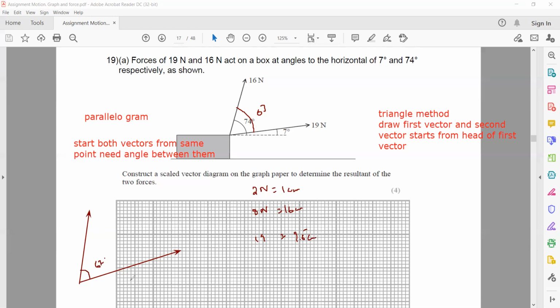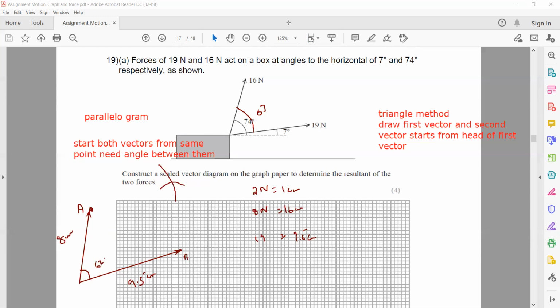So this we draw 19 Newton which is 9.5 centimeter and this we draw 8 centimeter. Then we open the compass 9.5 centimeter to this length, place it on the other side, like place on point A and draw an arc. Then open the compass 8 centimeter, place it on point B and draw an arc. And what will be the resultant?